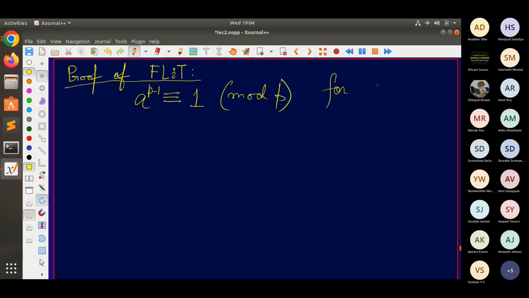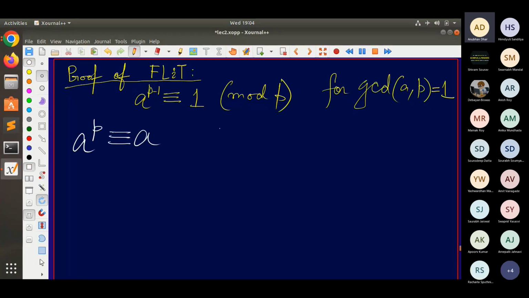For a GCD of a comma p equal to 1. So to prove this, I'll be proving that a to the power p is congruent to a mod p for all a.